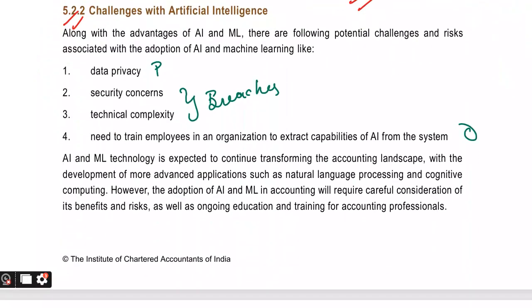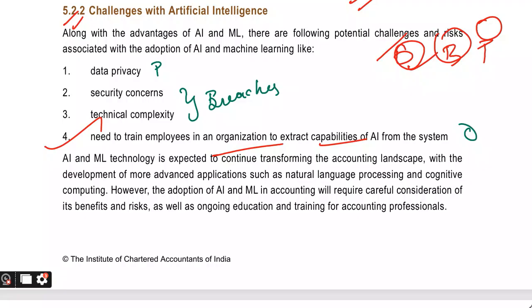Now we are going to the challenges with artificial intelligence. If we are using artificial intelligence, what are the challenges? As we studied OBP, the same thing we have studied in automation. If you didn't watch that video, please watch that video also. What are the challenges in automating the process? The same challenges will be here, but with a little small tweaks. O stands for the same thing, ongoing training of the employees is required.